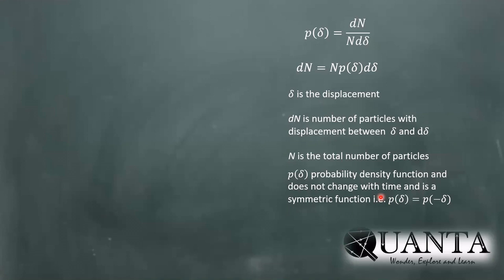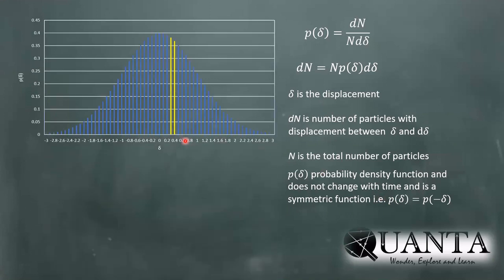The distribution function will most likely look like the normal distribution function, where the majority of the fraction of particles has zero displacement, maintaining their mean position.